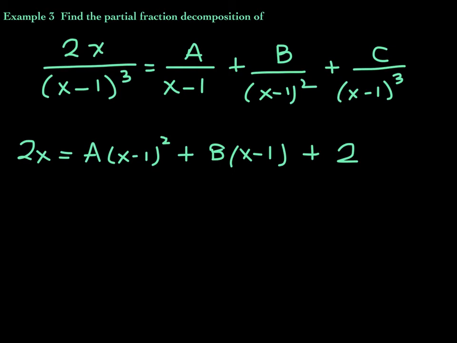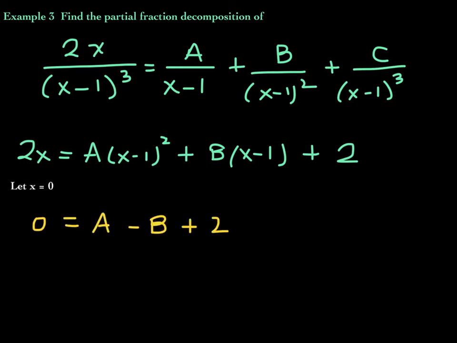I suggest you don't plug in 10, because although you could, it'd be 10 minus 1, which is 9, and 9 squared is 81, and things just get too big. So let's stick to small values. How about x equal to 0? This is an identity, so it should hold for all values of x.